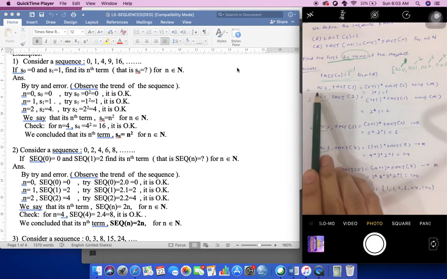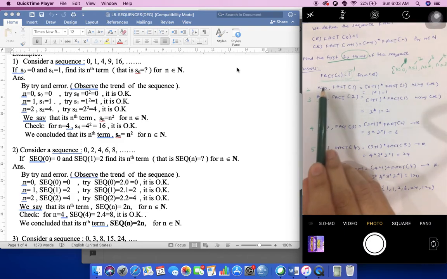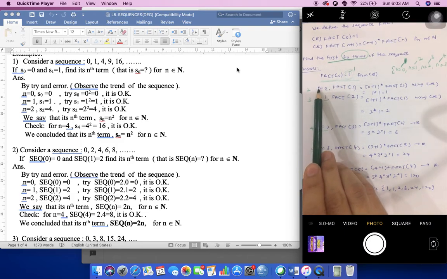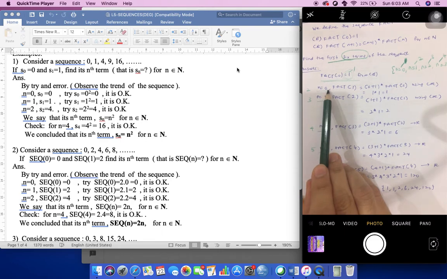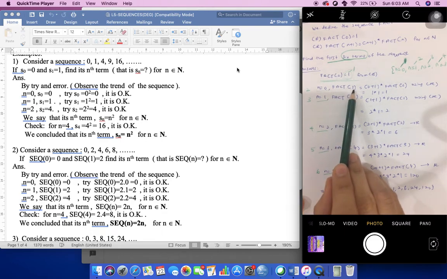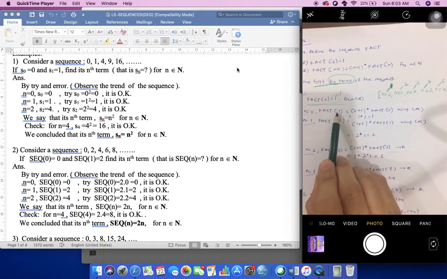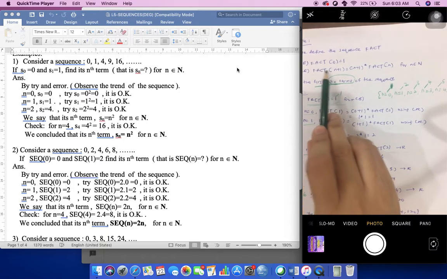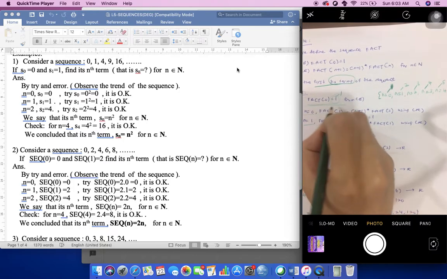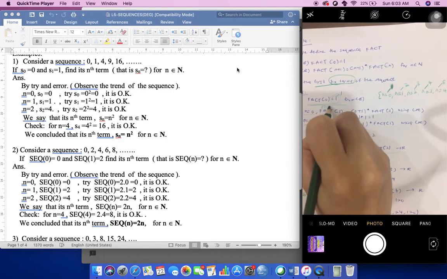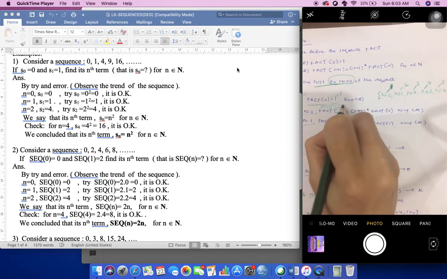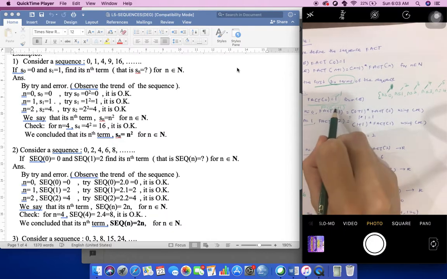For the second term, take n equal to 0. So factorial 1, because here it is factorial n plus 1, and n here is equal to 0.